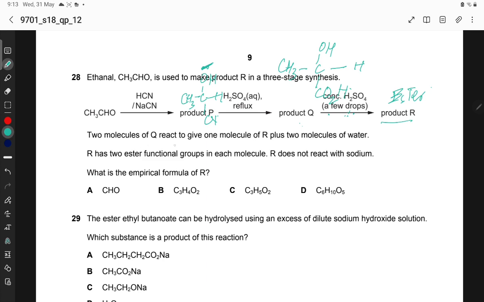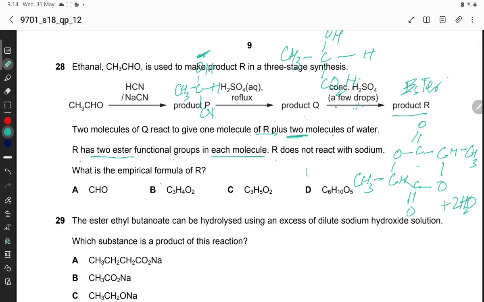Two molecules of Q react to give one molecule of R plus 2 molecules of water. R has 2 ester functional groups.